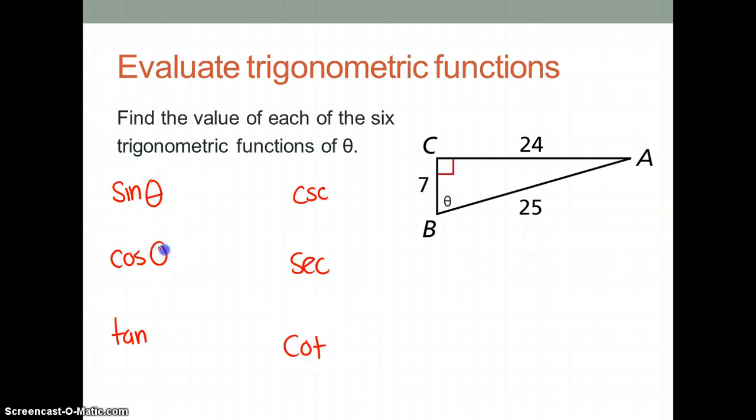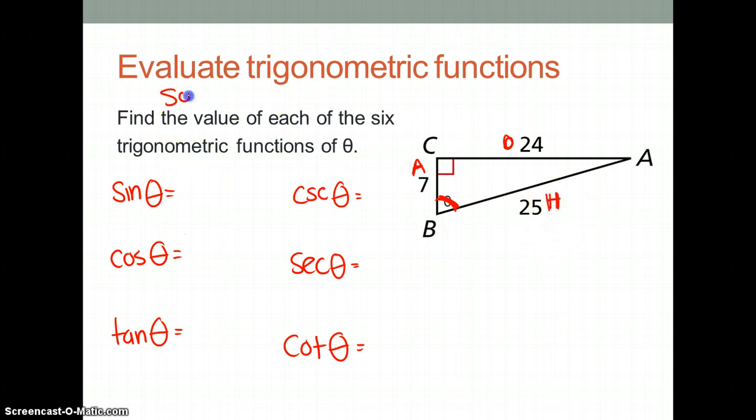We want to take these functions of theta. When we say the angle, it's just telling us where our perspective is from. That helps us identify that 24 is our opposite side, 7 is our adjacent side, and 25 is our hypotenuse.